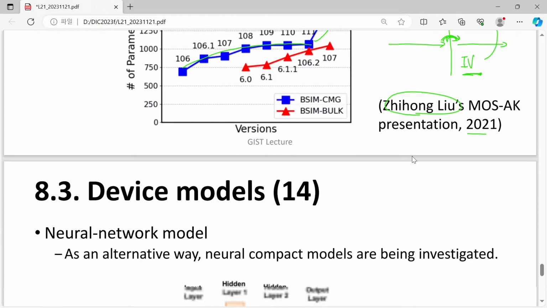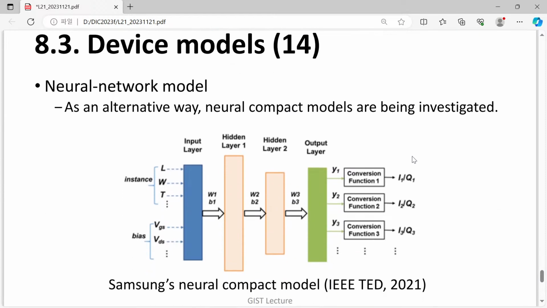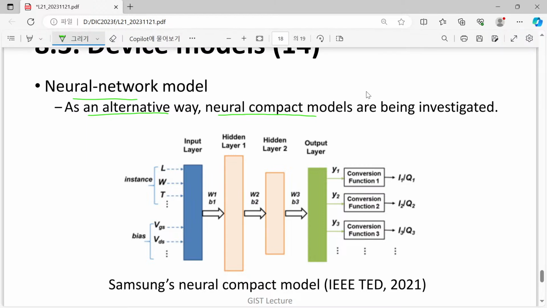So nowadays there is an attempt to introduce a neural network model. As an alternative way, neural compact models are being investigated. It means that anyhow we have, for example, 1000 parameters, and what we want to calculate is the drain current, or not only drain current, source current and substrate current and gate current.